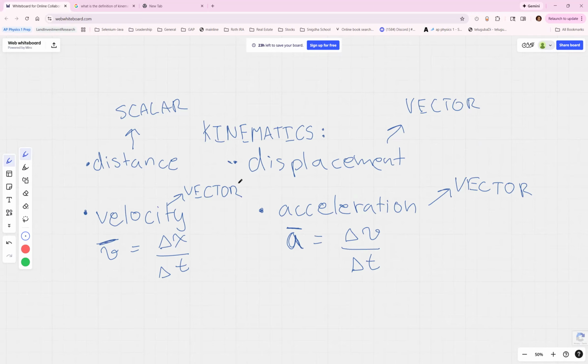Acceleration is connected to velocity because it describes the rate of change of velocity with respect to time. At the end of the day, it ties back to the basics of kinematics. Next video, we will go over the formulas and a deeper understanding of kinematics in physics.